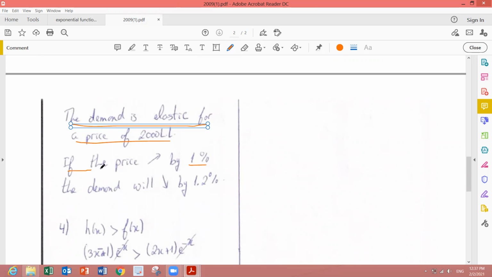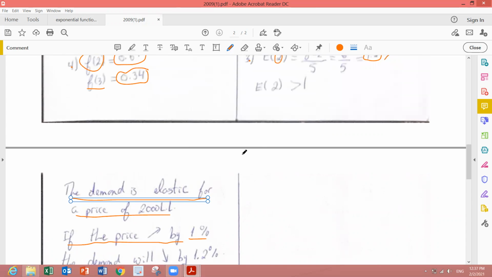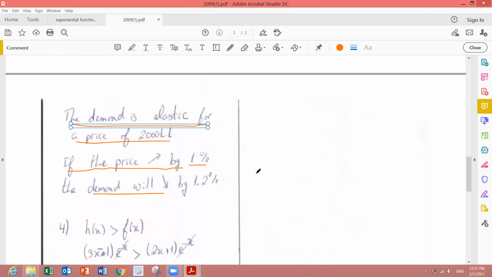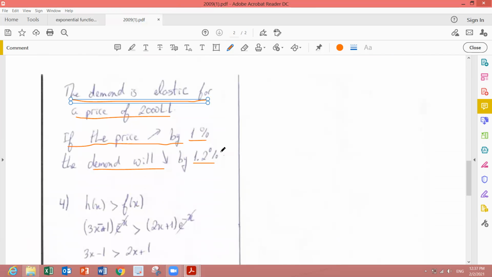Always we say this statement: if the price increases by 1%, the demand will decrease by 1.2%. This is the economical interpretation.